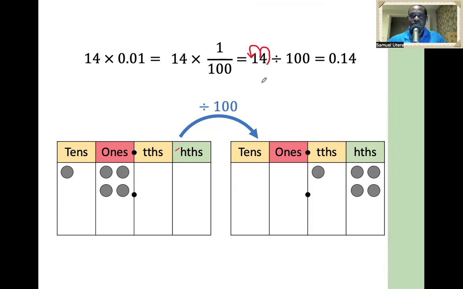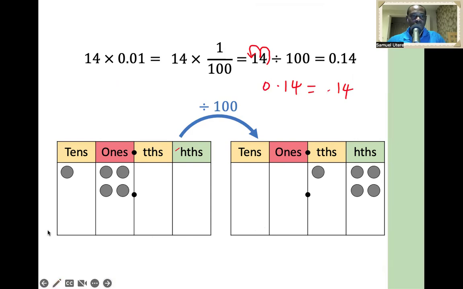So this decimal point has now moved here because we divided by 100. It's the same thing as the digits moving that way to show their loss of place value because we're dividing by 100. So this becomes 0.14.